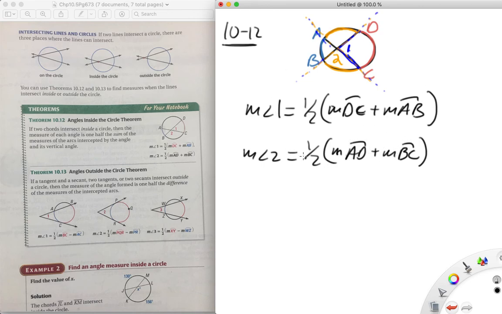And that's going to give us our angle for number 2. Again, this occurs when the intersection happens inside of the circle, not at the center of the circle. Okay? That's 10.12.